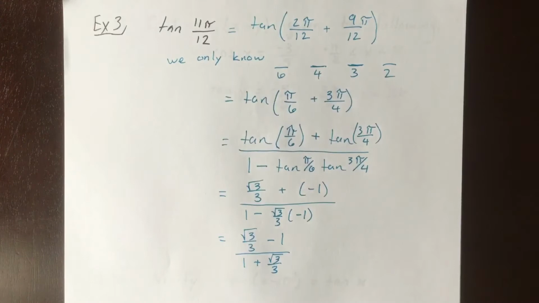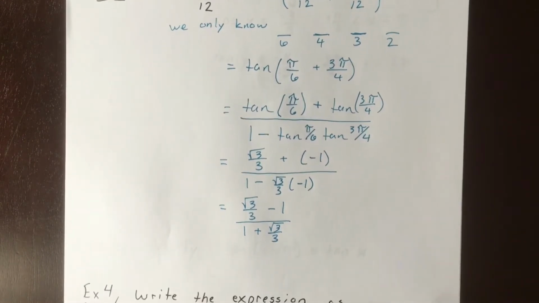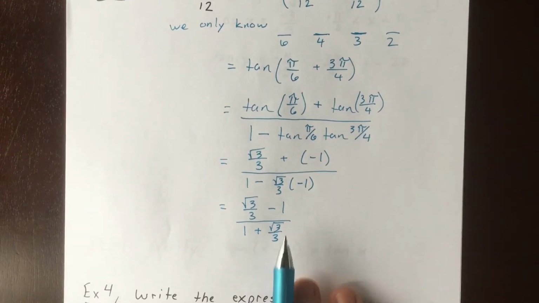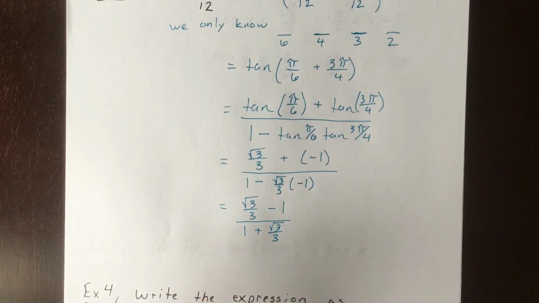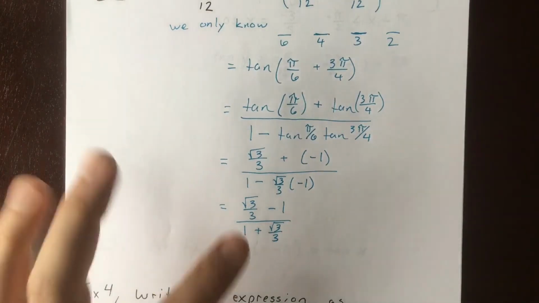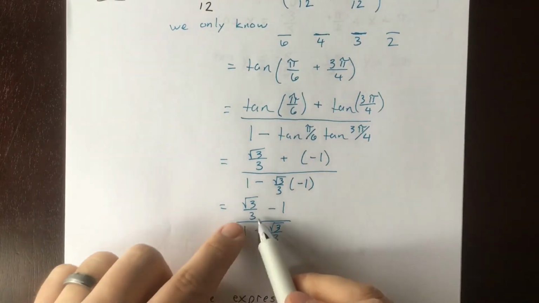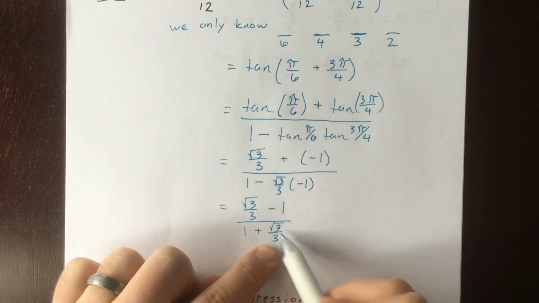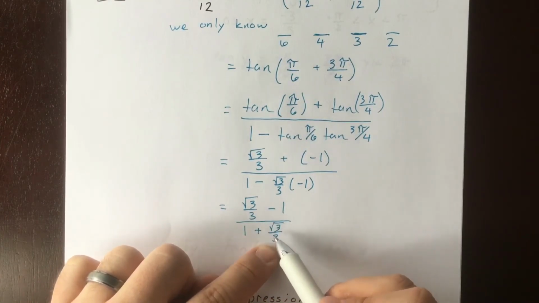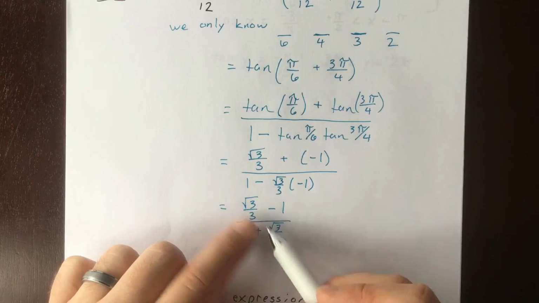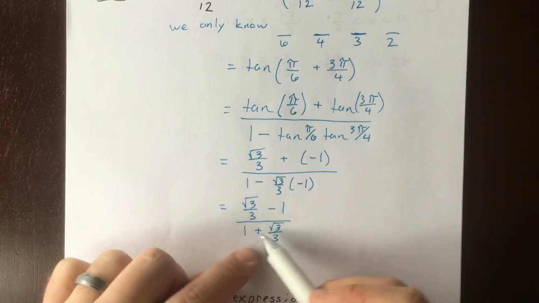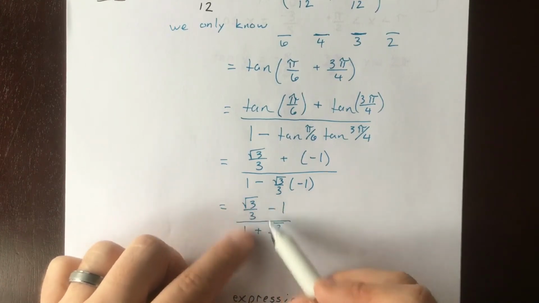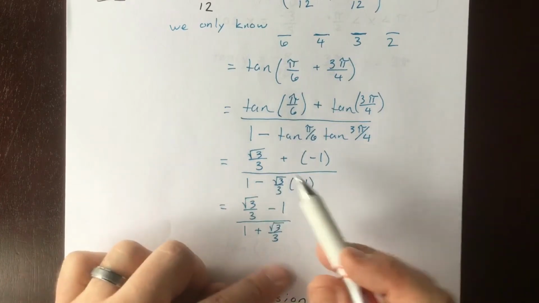Now, there's a couple of different routes I could take ending this. What I could do, and this may be a new trick for you, I noticed that the denominators of my fractions are the same number, 3. I could get a common denominator on top and bottom, add and multiply by the reciprocal.